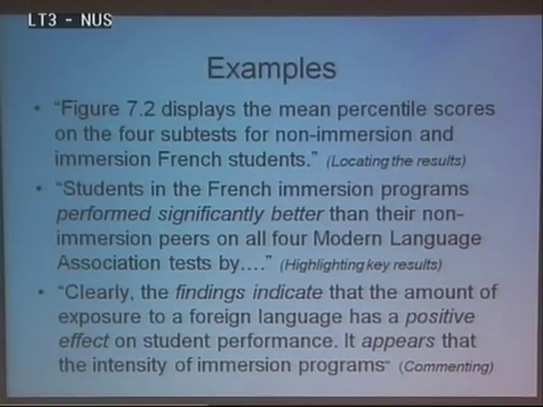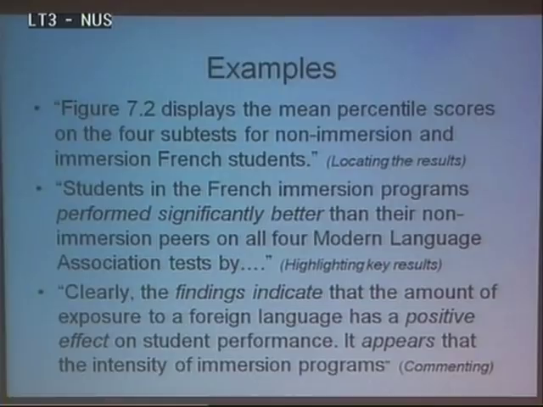Sometimes it could be a table, a graph, or any of those visual means of displaying data. 7.2 displays the mean percentile scores on the 4 subtests, etc. So this is locating the results. All of you should be familiar with this.